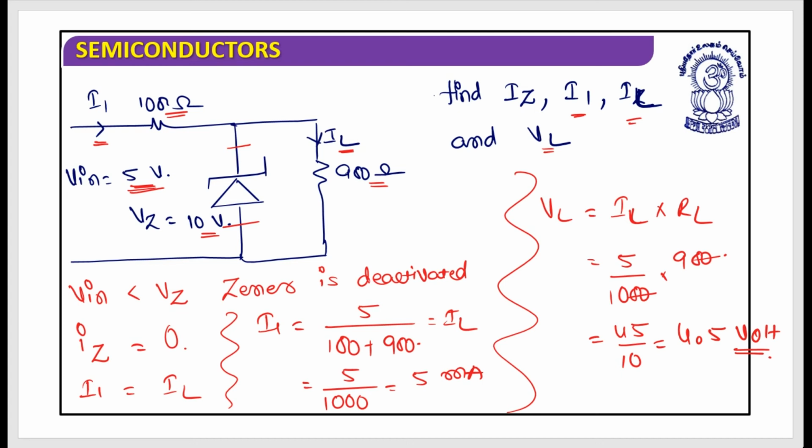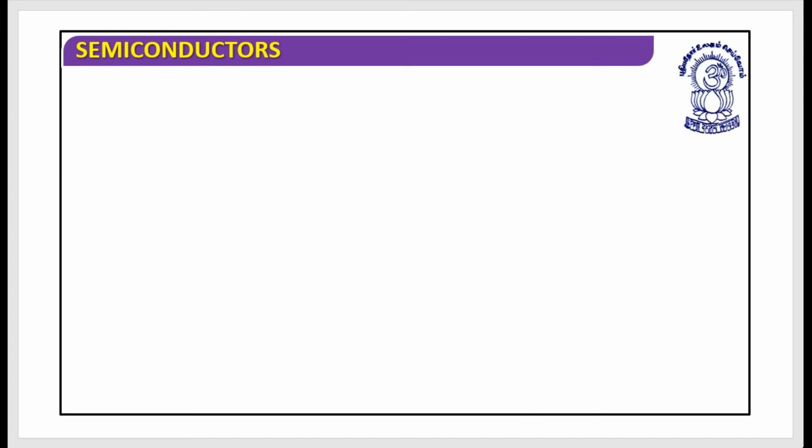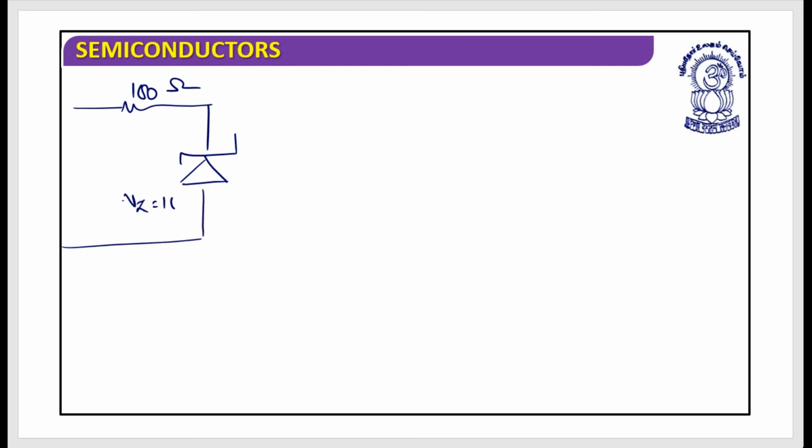No. Great. Now let's suppose the same circuit. Let me redraw the circuit first. This is 100 ohm. This is the Zener, and the Zener is of 10 volt. It's a Vz which equals 10 volt, and the load resistance is of 900 ohm.